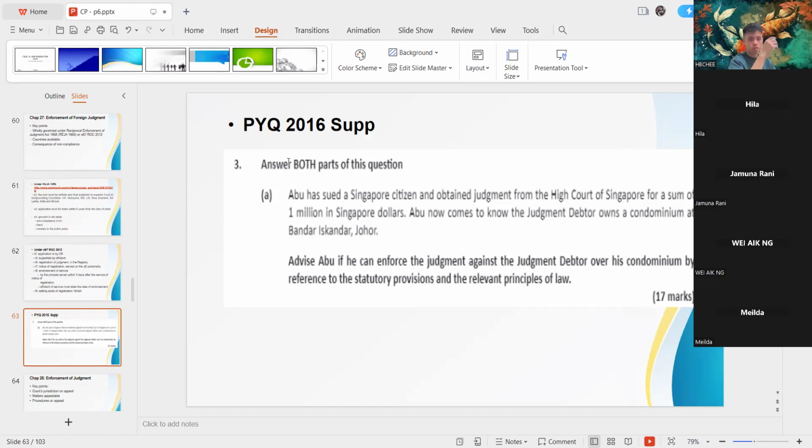The first thing is, since the judgment sum is in Singapore dollars, you have to identify that you want to enforce a foreign judgment already. So the Reg 1958 and Order 67 apply. You have to write out Section 3, and then Order 67 onwards, the rules.